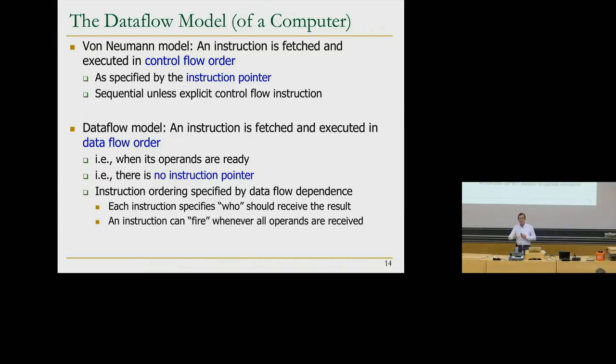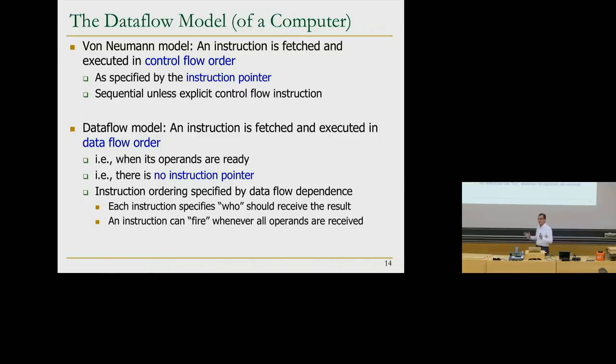So each instruction specifies which other instruction should receive the result. You're doing an add. Maybe the result of that add is needed by a future multiply. And this add instruction specifies that the result should go to this multiply. And that multiply instruction specifies that the result should be stored in memory. So basically, that is the input to another instruction that's a memory operation, okay? And an instruction can fire whenever all of its operands are received.